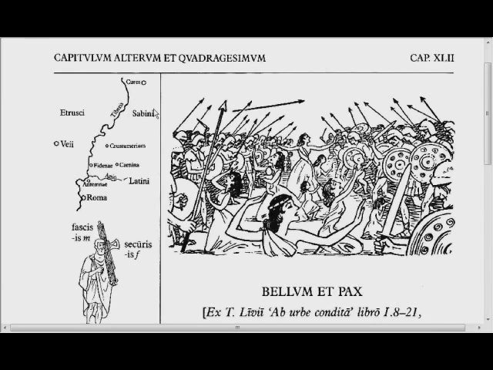This is the name of the tribe that has multiple cities, Cures, and you see the Tiber River here and the Anio River here. The Anio being the location of that famous battle with the Gauls in 390.